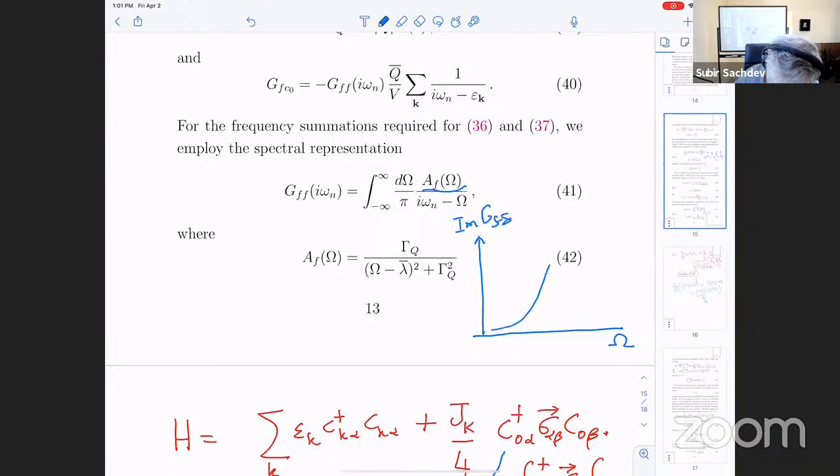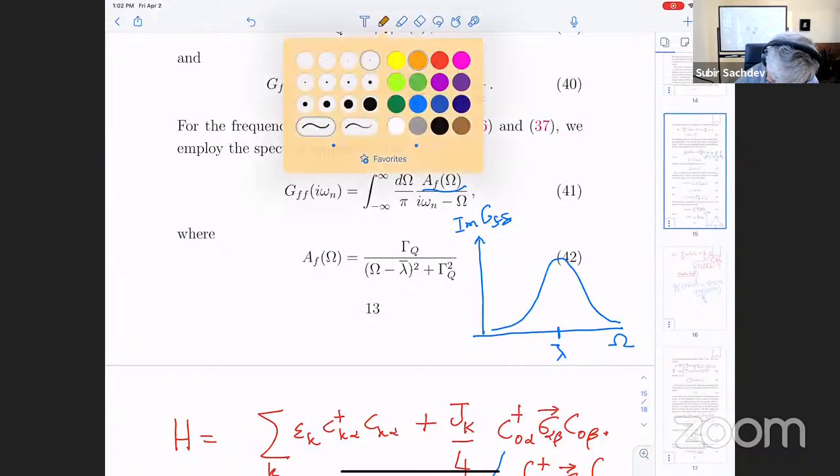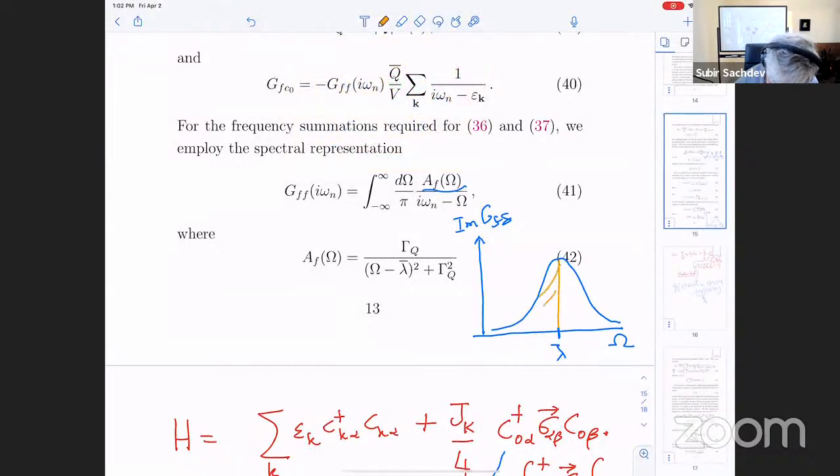It's some Lorentzian, and it's centered at lambda. Now, if lambda bar is exactly 0, then in this free electron approximation, you will occupy exactly half the states. These are the states that will be occupied. So the total number of electrons, since you have 2 spins and you're occupying exactly half the states, is 1. So that's why lambda bar is 0, because this Lorentzian is half filled exactly when it's centered at 0 energy. If you were at any other value, then the number of electrons wouldn't be 1, including both spins.